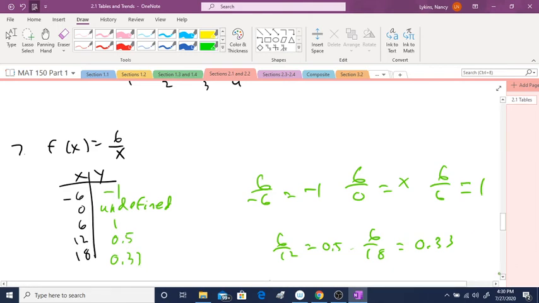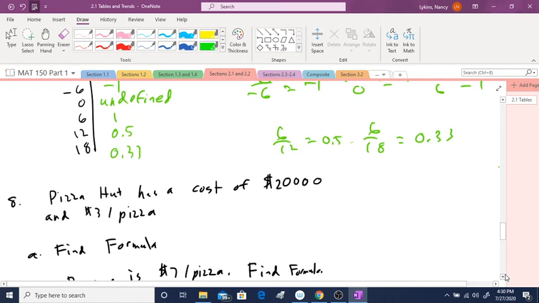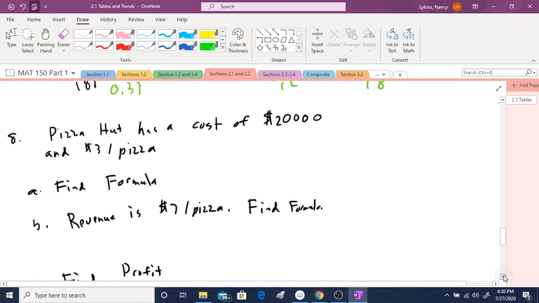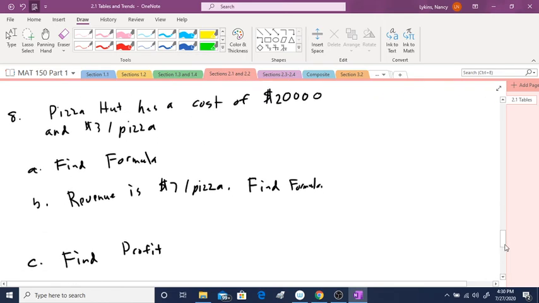Now, my final example will be a Pizza Hut example. So Pizza Hut has a cost of, say, $20,000 maybe on an oven, and it has a fixed cost of $3 a pizza. That includes probably the maintenance of the building, your electric bills, water bills, and the salary of your staff.